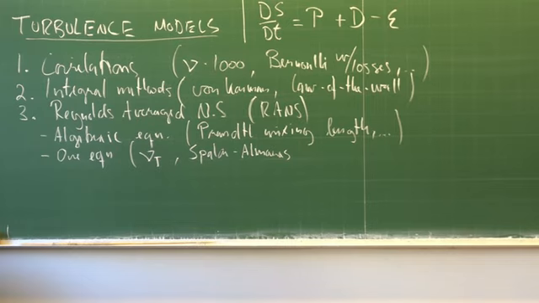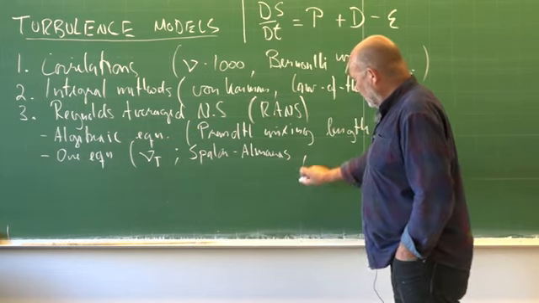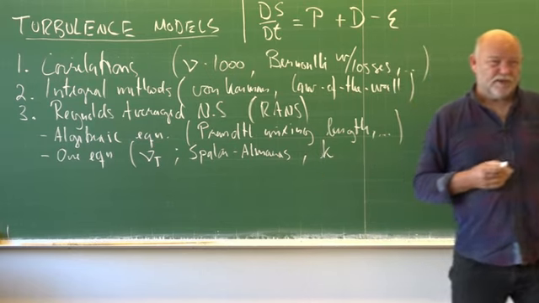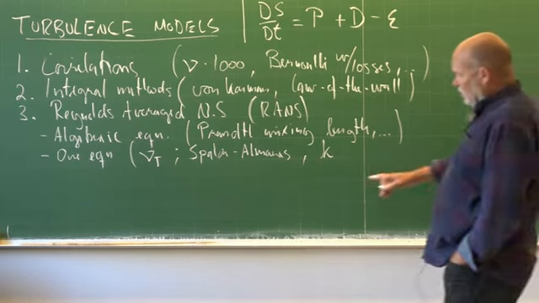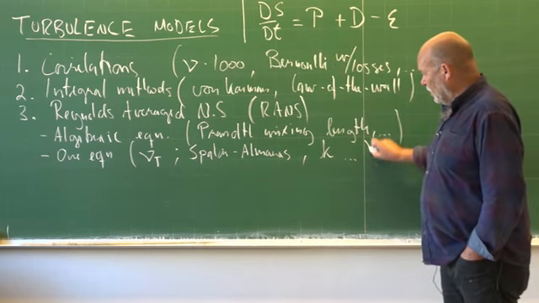But you have others as well. So that's for the eddy viscosity. You have other ones that use the turbulent kinetic energy K, just one transport equation for that one. And we have others. But for us, Spalart-Allmaras is a model you should be familiar with.